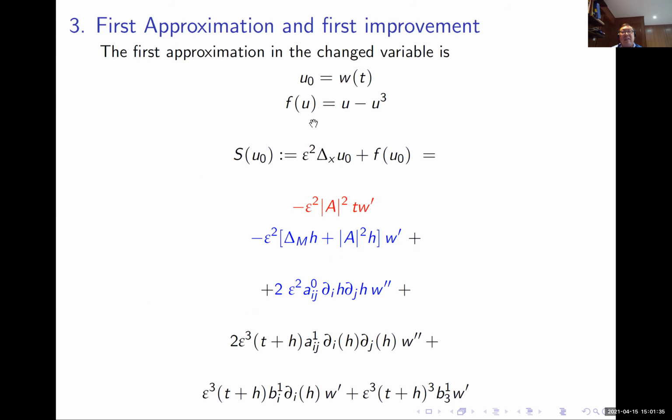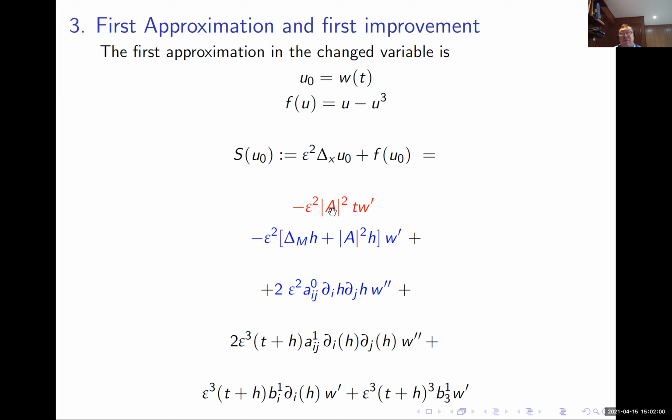So let's look at the first approximation. Take the first approximation, with the change of variable, to be just w of t, and let's put f of u equals u minus u cube. We plug this in, and what you see in the leading order are these two terms.